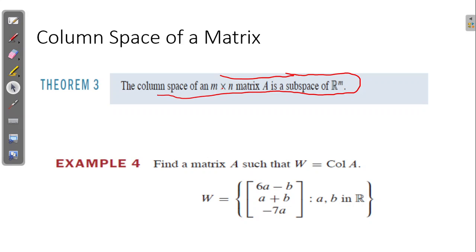For example, A is a 3 by 2 matrix with entries 1, 2, 3, 4, 5, 6. This is a matrix only, so you cannot define a subspace for this matrix.